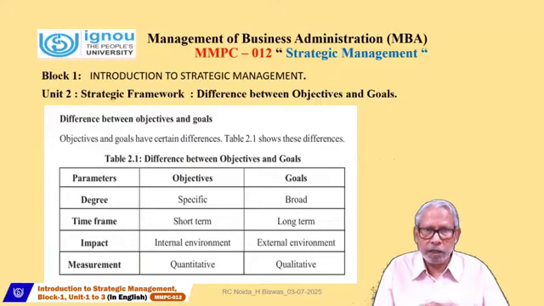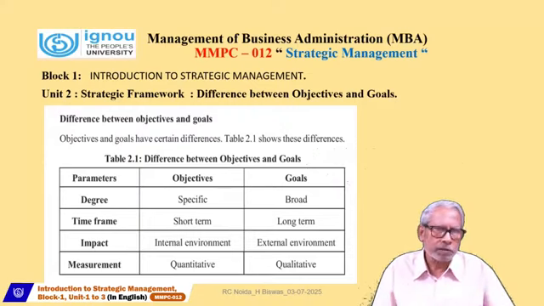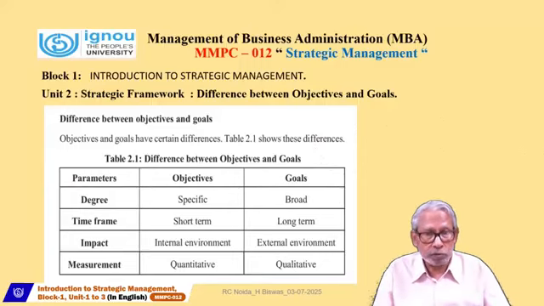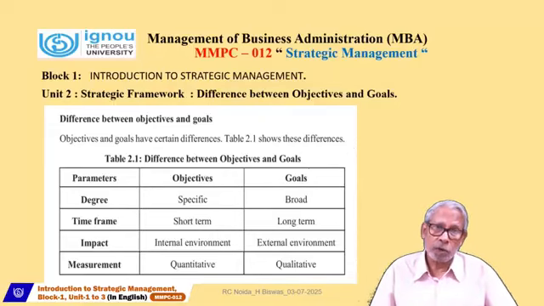Either way, the objective is always short-term, specific, action-oriented, and quantitative, with parameters. But goals are qualitative, because we have to think about 15 years. Your visions are like this.